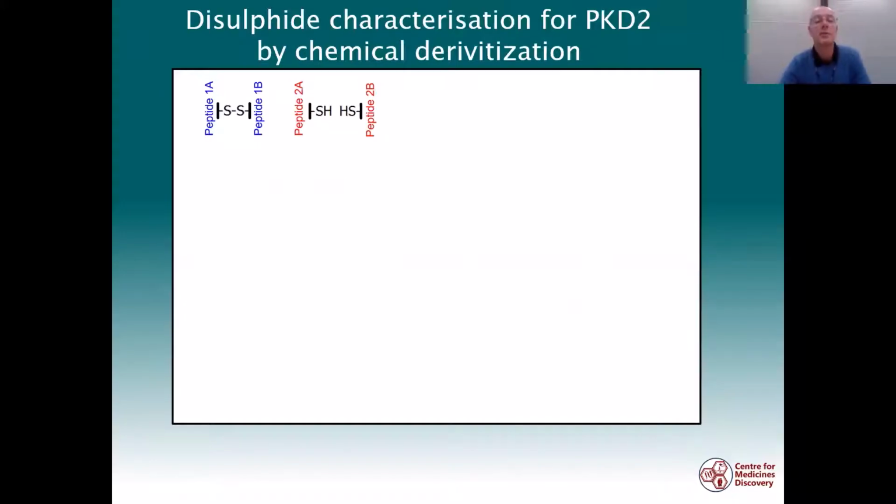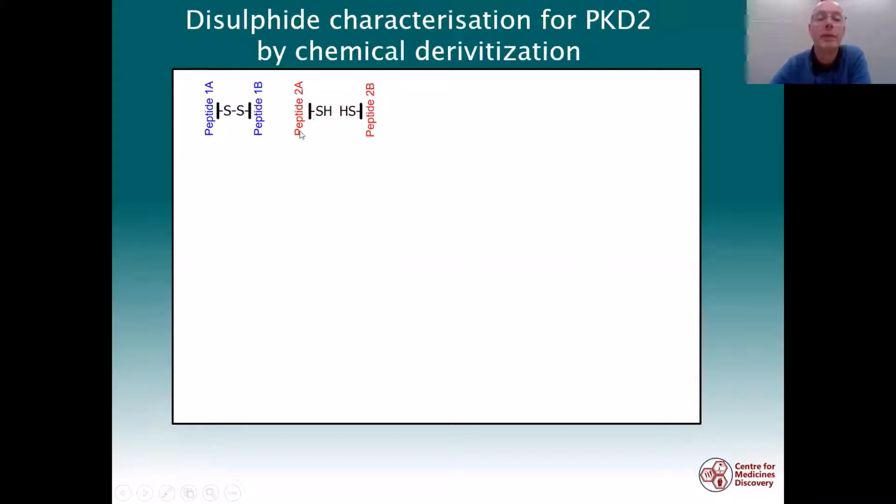And how we do this is a bit complicated. But if you take an example here where we have the blue peptides, peptide A and B, peptide 1A, 1B, they are joined by a disulfide bond.